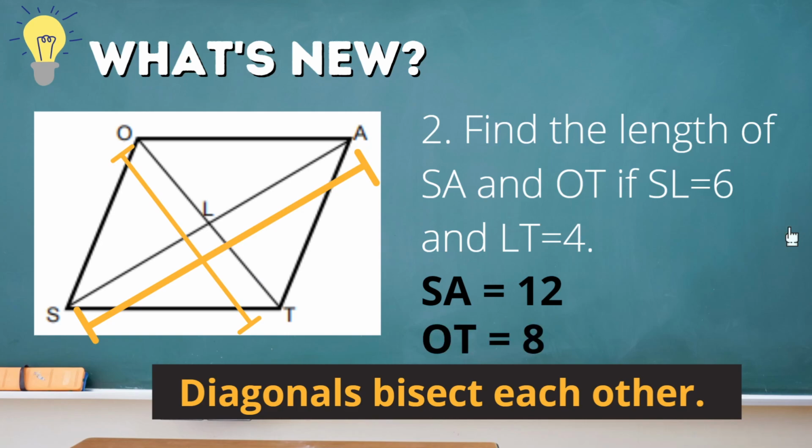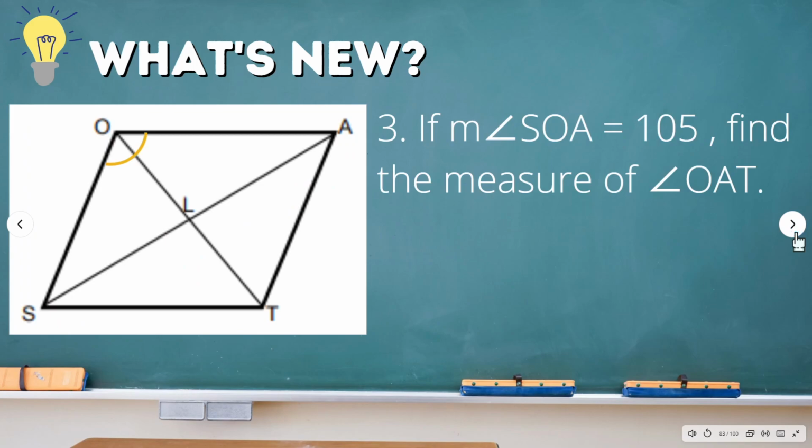The answer is OT equals 8. Again, using the property of a parallelogram that states diagonals bisect each other. How about number 3? If the measure of angle SOA, this one, is equal to 105, find the measure of angle OAC.